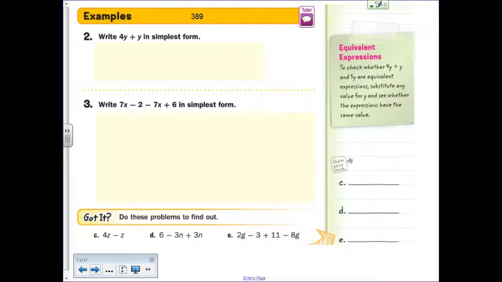So take a look at example number 2. On page 389, it says 4y plus y. What we want to do is we want to take these two like terms, 4y and positive y, and because they are like terms, I'm going to box them just like I did on the previous problem.